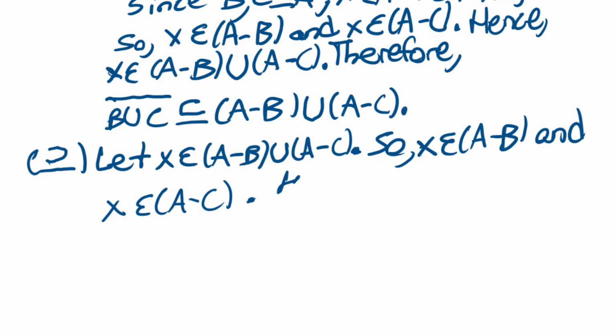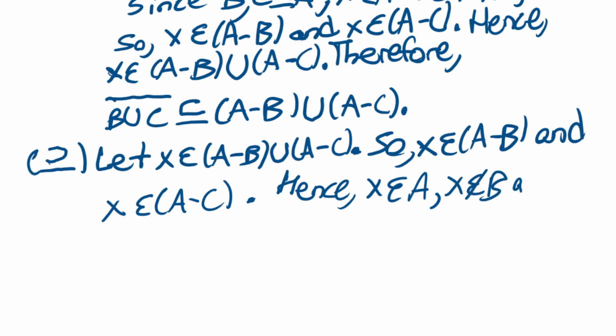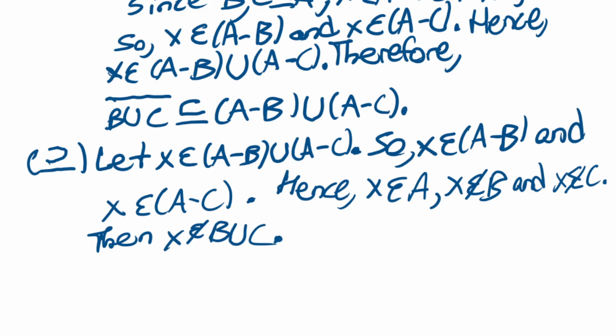So hence X is an element of A, and then X is not an element of B, and X is not an element of C. So then X is not an element of B union C. So X, let's try to use some different transition words, whence X is an element of the complement of B union C.